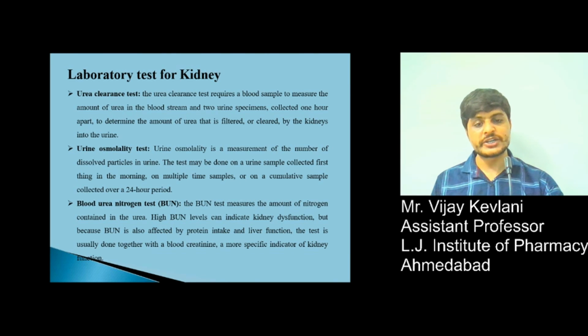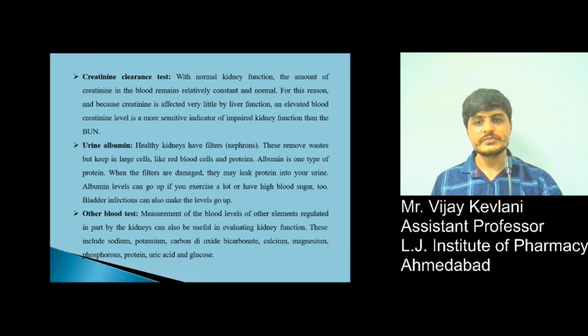Next is blood urea nitrogen, that is BUN. The BUN test measures the amount of nitrogen contained in the urea. A high BUN level can indicate kidney dysfunction, but because BUN is also affected by protein intake and liver function, the test is usually done together with blood creatinine, a more specific indicator of kidney function.